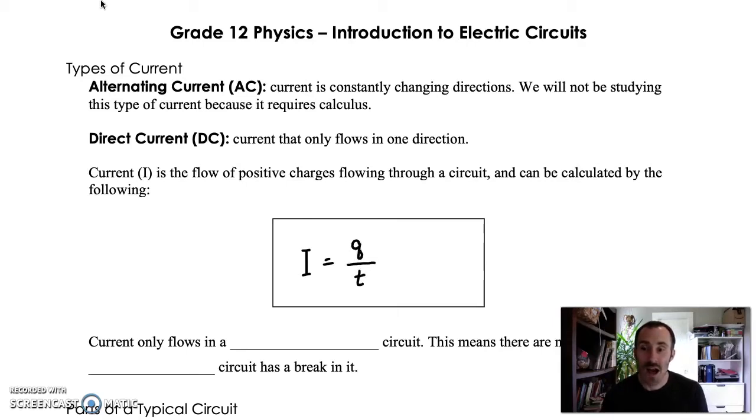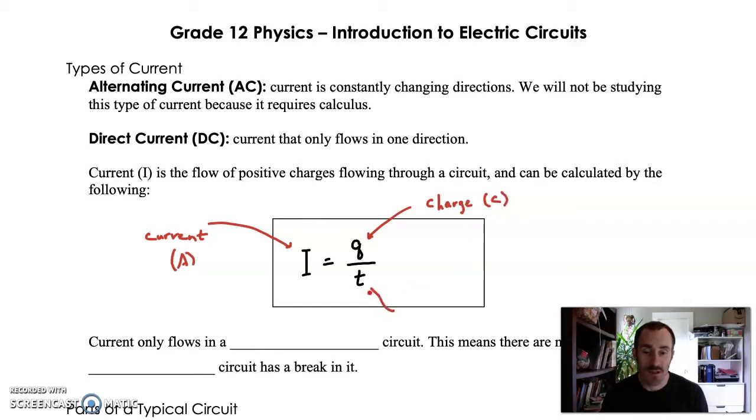Okay, and so I, current, is measured in amps. So that's current, and it's measured in amps. The Q is charge, and it is measured in coulombs.